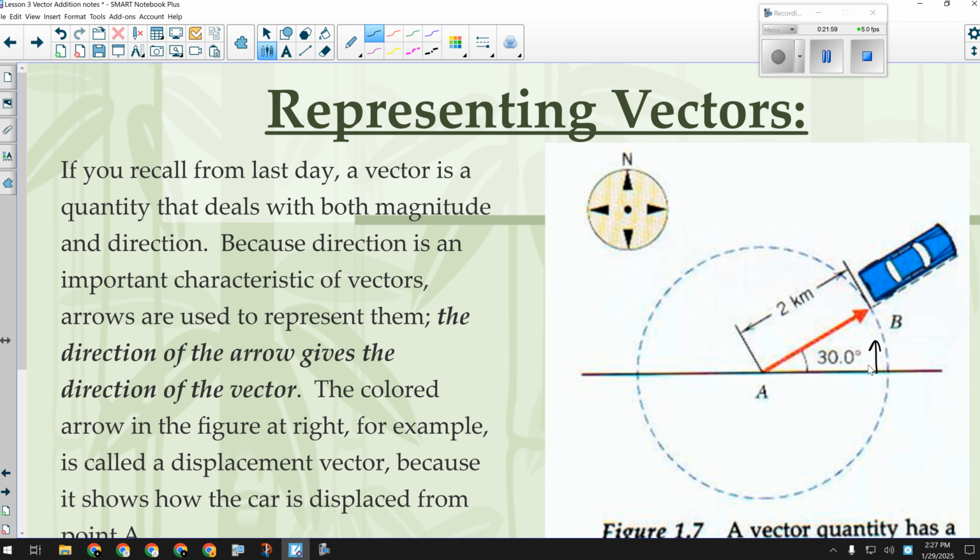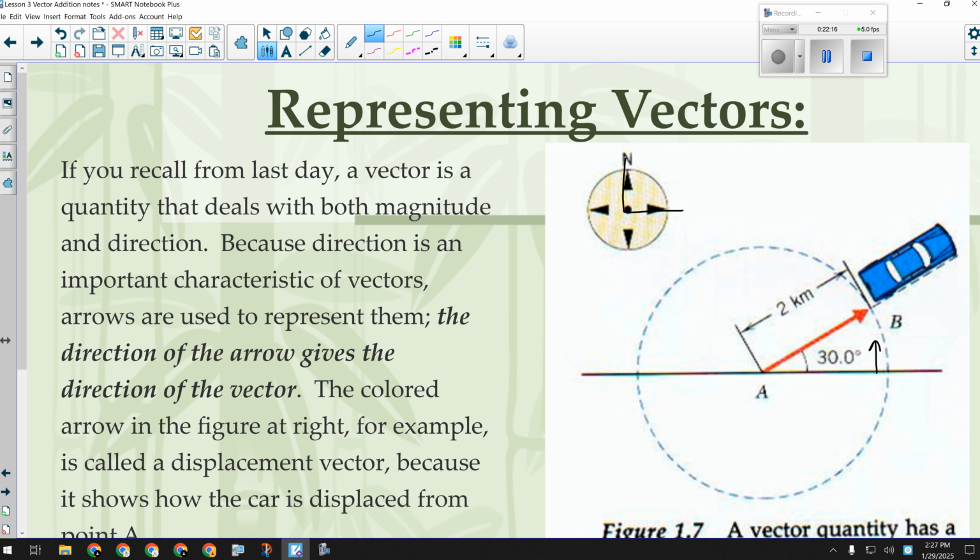But northeast represents this whole sector of a compass. Agreed? That whole sector would be considered northeast. But within that sector, there are two 30 degrees northeasts.